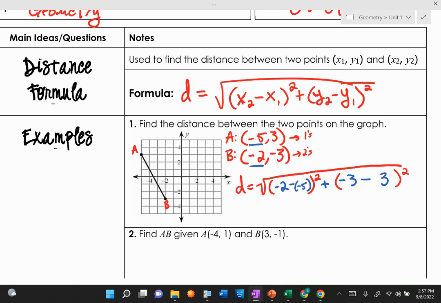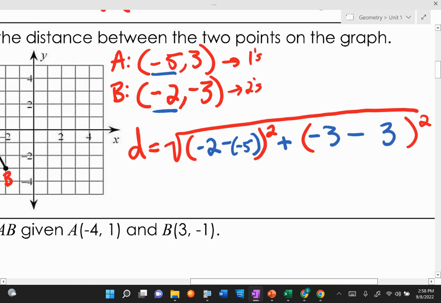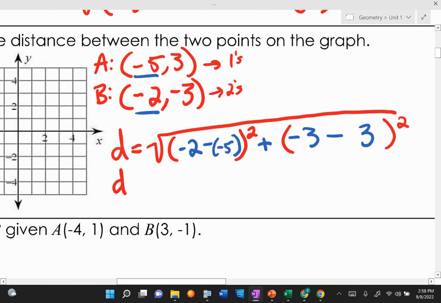Now from this point, once you get it in, it's really just a matter of, can you add or subtract positive and negative numbers together correctly? In terms of mathematics, it's a simple task, but it trips a lot of us up. So you just got to be really careful when you're combining them. So I've got d equals still the square root.